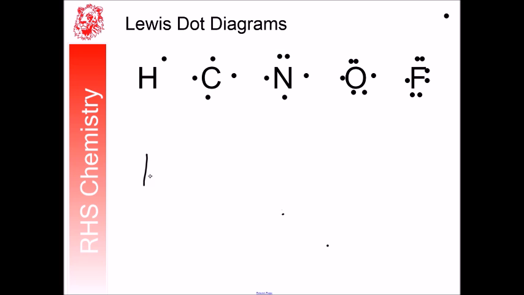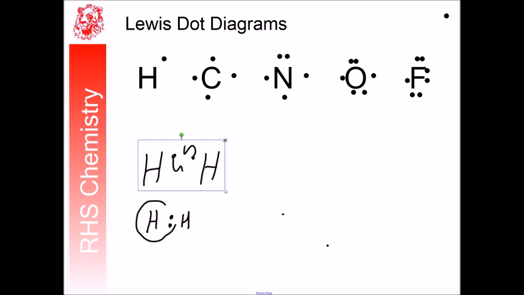If it could find another hydrogen, they could each donate 1 electron and end up with something like that. Now this hydrogen can look at those 2 electrons, that hydrogen can look at those 2 electrons, and you end up with a bond, 2 electrons in our bond.